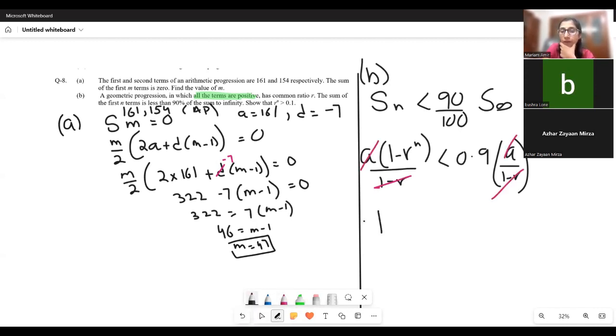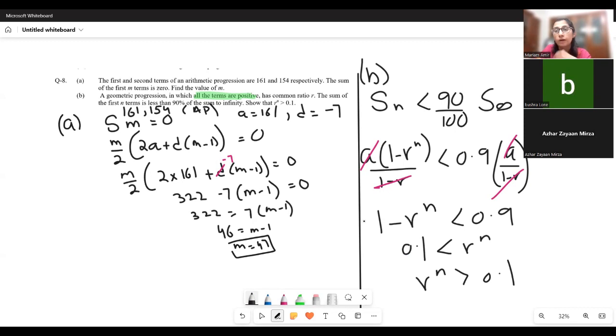So we just have 1 minus r power n less than 0.9. So we can bring r power n over here and we have 1 minus 0.9, which is 0.1. So we got the required inequality. R power n is greater than 0.1.